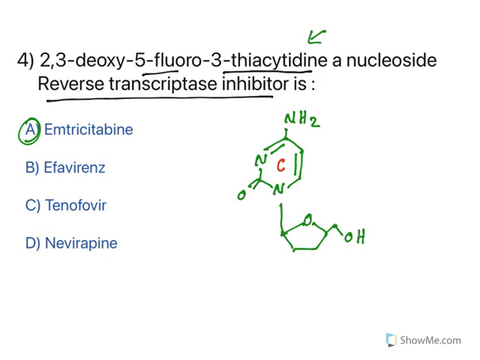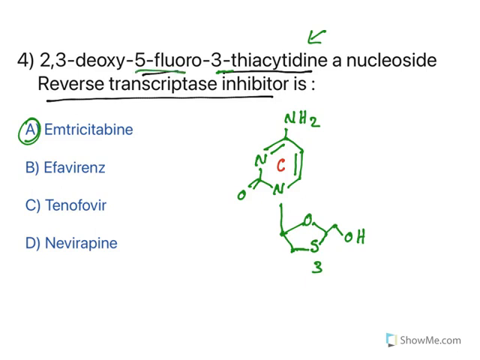Now understand this. 2,3-dideoxy means at the second and third positions the OH groups are not there. That is the difference between ribose and deoxyribose sugars. At both places you don't have any hydroxy groups, and 3-thia means at the third position you have a sulfur atom, hence it is known as thia. So this is 3-thia, 2,3-dideoxycytidine fragment.